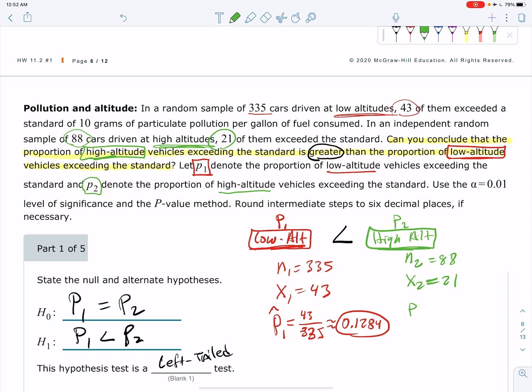So my sample proportion from the second sample is going to be 21 out of 88. What is that approximately? Well, that's approximately 0.2386.